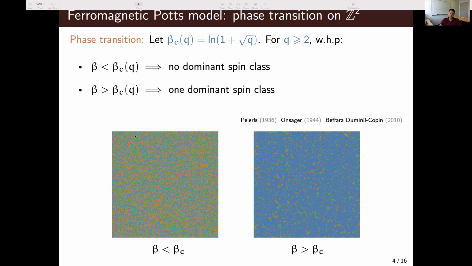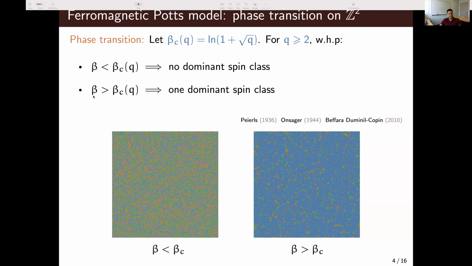So what that means is that if beta is less than beta critical, and we take a sample from the distribution, with high probability it will look something like this on the left, where you can see that there is no dominant color. In this example, Q equals 3: red, blue, and green. And we can see that we have roughly the same number of vertices of each color class. And moreover, there are no really long-range correlations. If there are any correlations, they will happen locally, right? So this would really look like a very disorganized system with no long-range order.